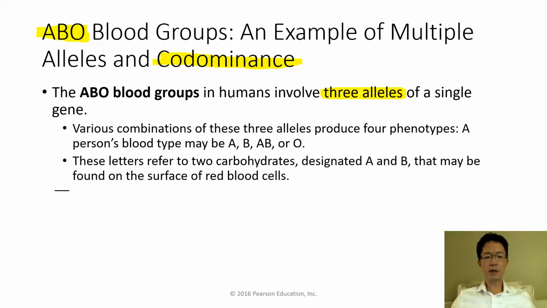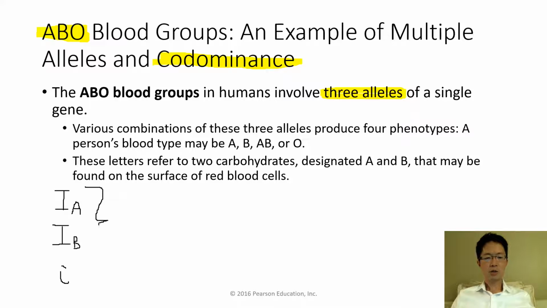Okay, the dominant allele of the blood group is called IA, and then another, yes, 2 dominant alleles. Another dominant allele is called IB. The recessive allele is small i. So in the next few slides, I'll show you a table. The combination of these 3 alleles will give you the 4 blood groups.